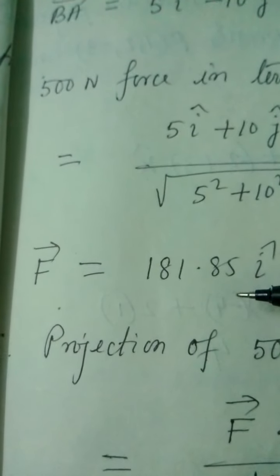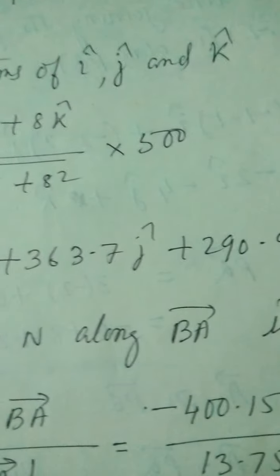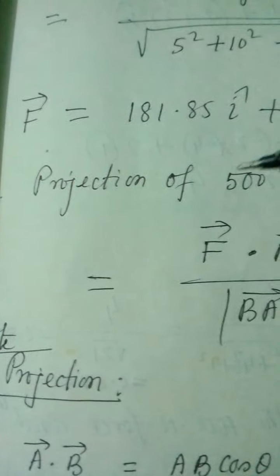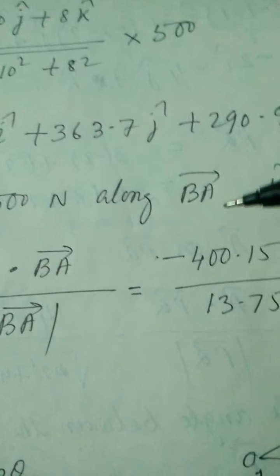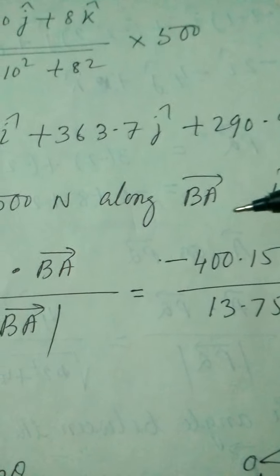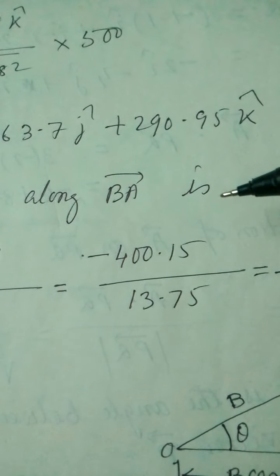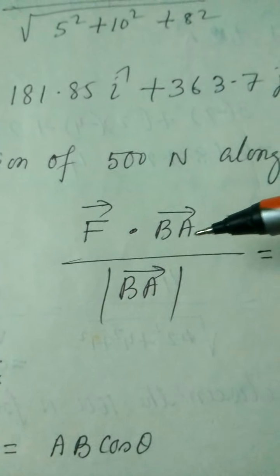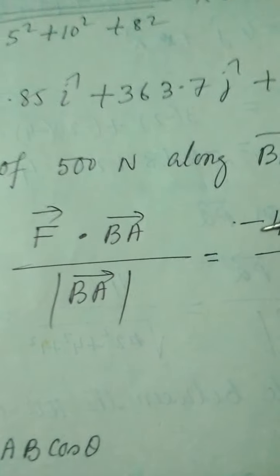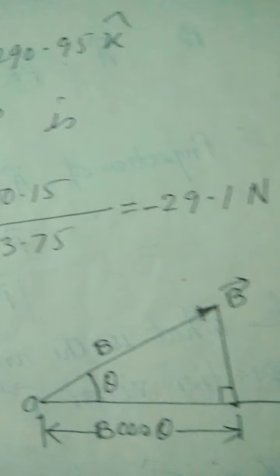So this will be the force in that direction. Now the projection of the 500 Newton force along BA is F dot BA by BA, along BA. So this is this.